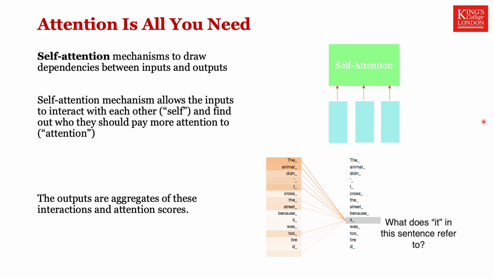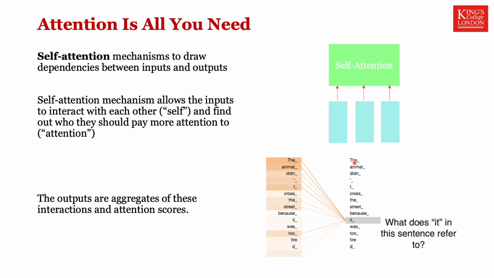For example, let's say you have the sentence: the animal didn't cross the street because it was too tired. It's written in a funny way, but that's because of the way it has been tokenized. If you want to predict the word it, so the animal didn't want to cross the street because it, obviously the word it is there because it is an animal, right?